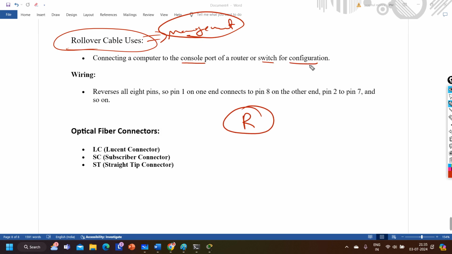So whenever you configure devices physically, guys, you will use a rollover cable. If I talk about the wiring in a crossover cable, you can see all 8 pins reversed. So pin 1 on one end connects to pin 8 on the other end, like crossover cable. Pin 2, 7, and so on.